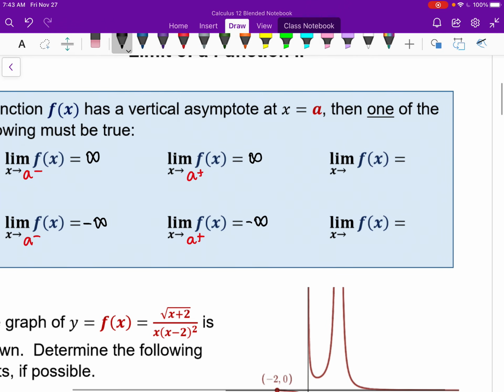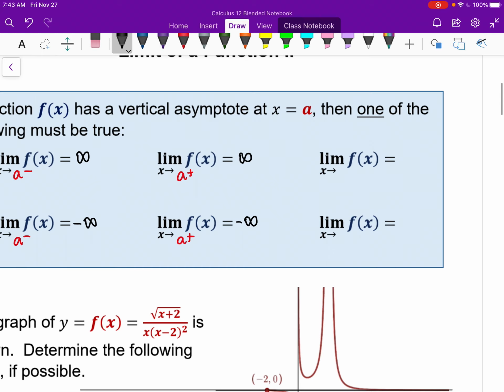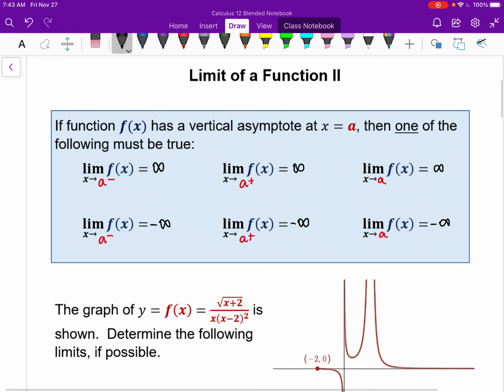And finally, if it approaches infinity as we approach a from either direction, so a two-sided limit. Again, if the limit equals infinity or negative infinity, we have a vertical asymptote there. So if we know that any one of these 6 variations is true, then we know there's a vertical asymptote at a. If none of these 6 are true, then there's not a vertical asymptote at a.